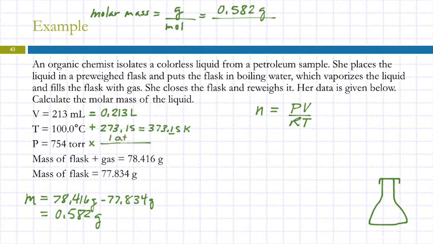So the conversion is the same, 1 atmosphere divided by 760 torr. That's 0.99210 atmospheres. There's my 3 sig figs.